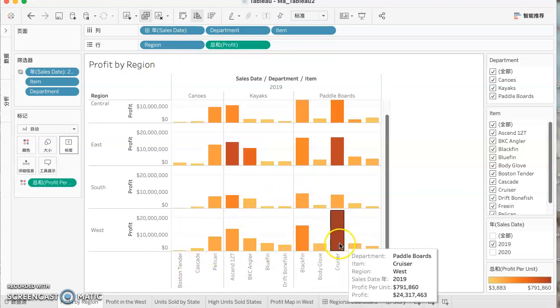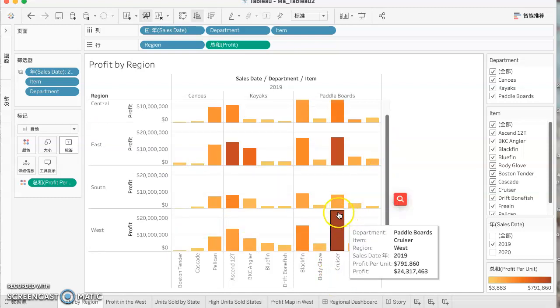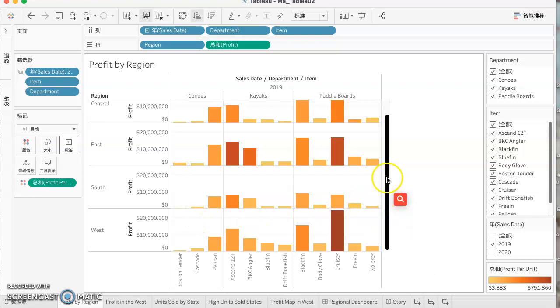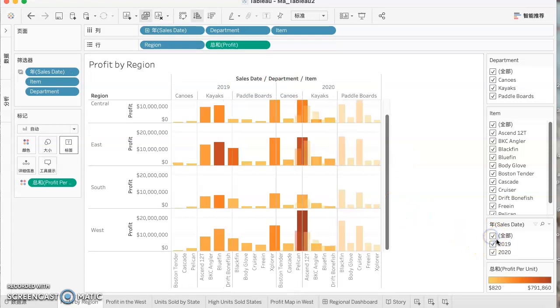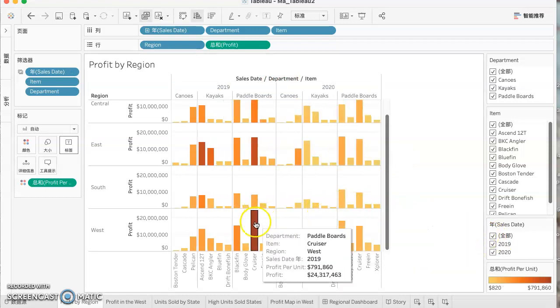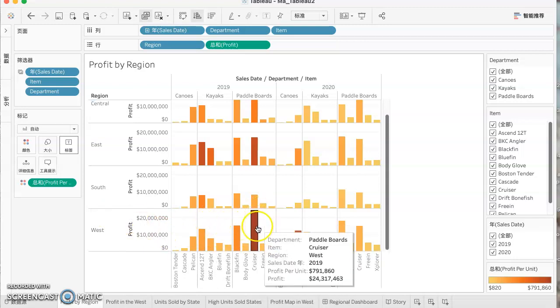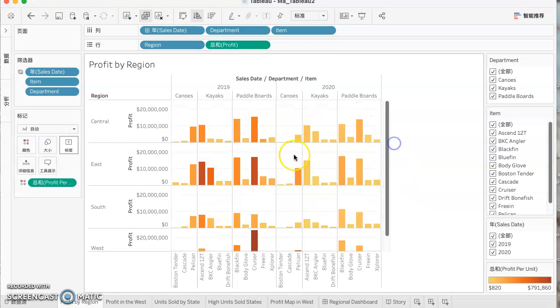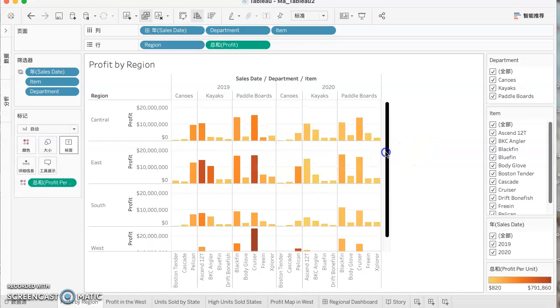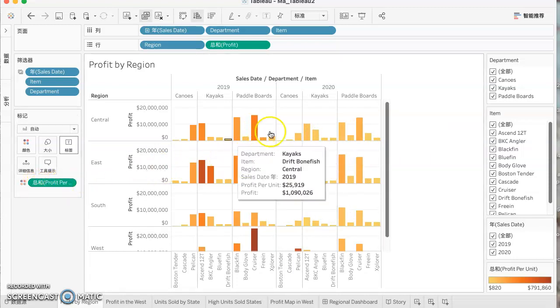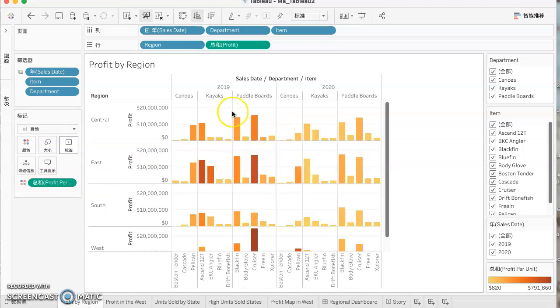We can see that the cruiser has the highest profit in 2019, and its profit per unit is also the highest. We can also find out that other items which have a higher profit per unit also have high profit.